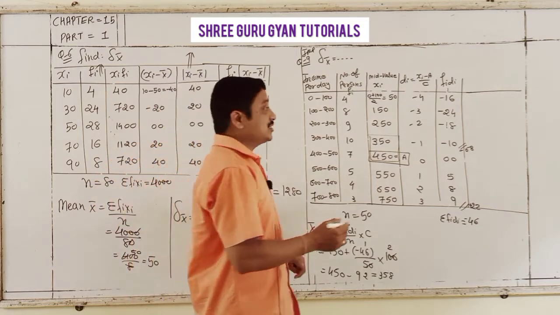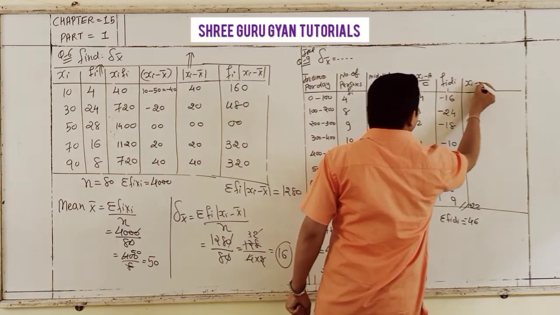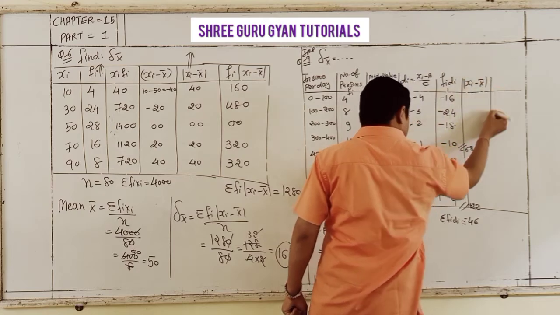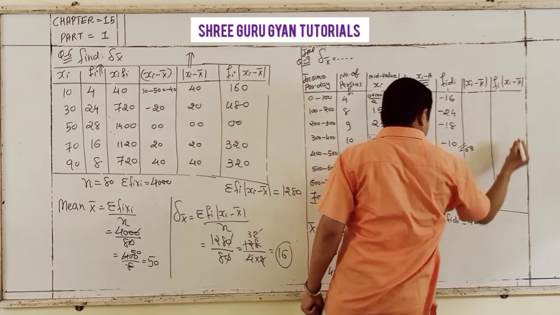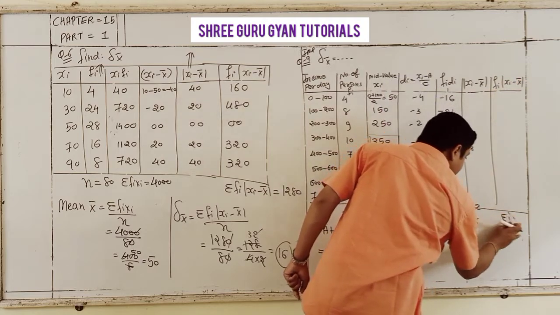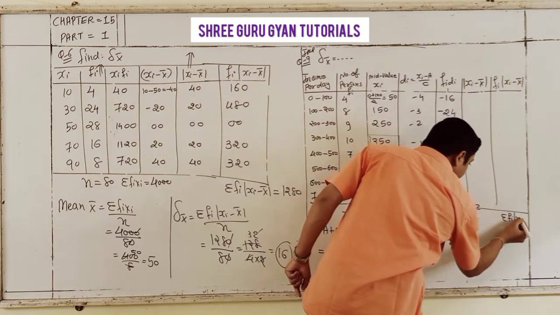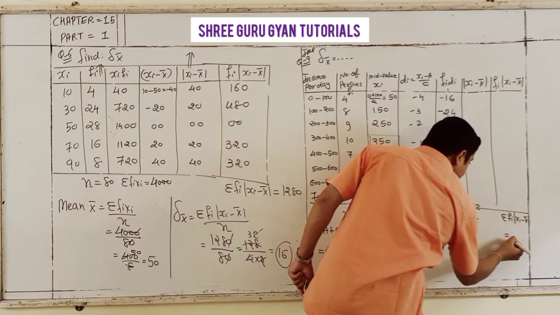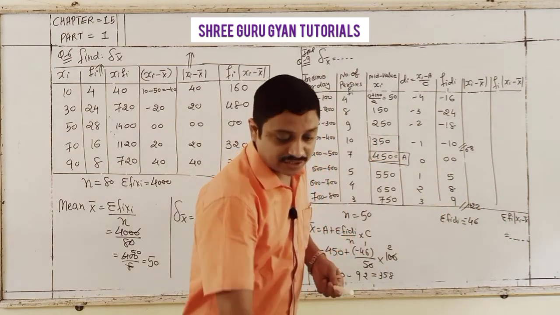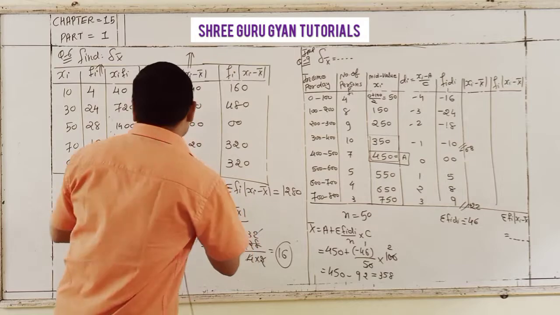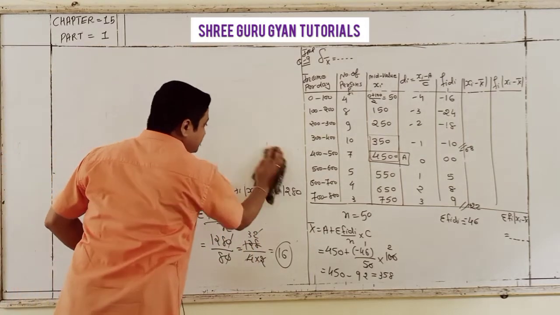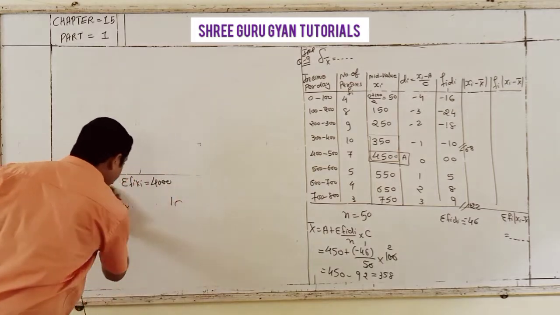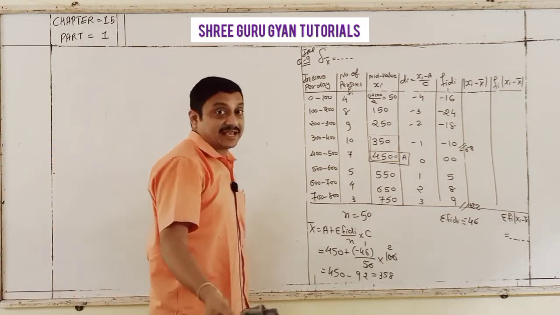Now the actual process starts: the modulus of xi minus x bar, and lastly fi times the modulus of xi minus x bar, and I will get my answer as sigma fi mod xi minus x bar, the total value I want. So now the big process starts: we multiply fi with xi minus x bar.